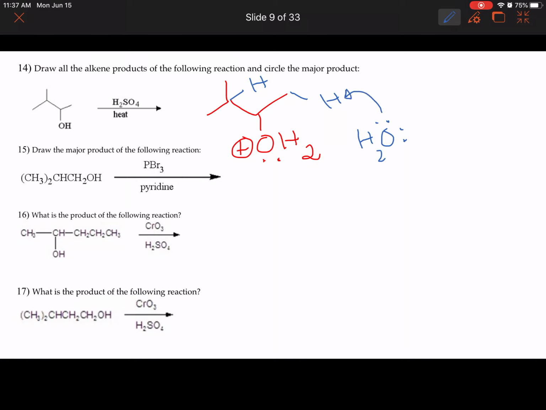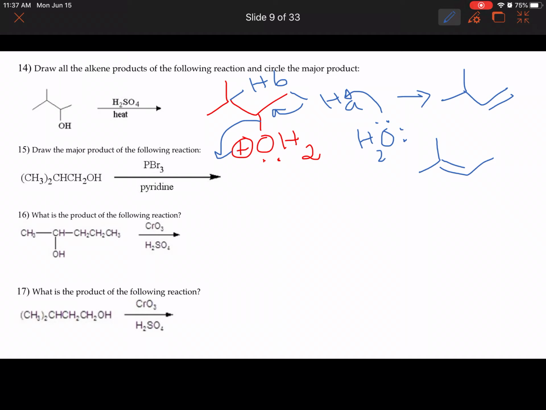It's going to go ahead and get this hydrogen and then leave. And if that happens, you're going to be getting an alkene like this. That's one of the alkenes. And this is HA. And if the HB hydrogen is lost, you will be getting a product like that. Okay, so that's another one.